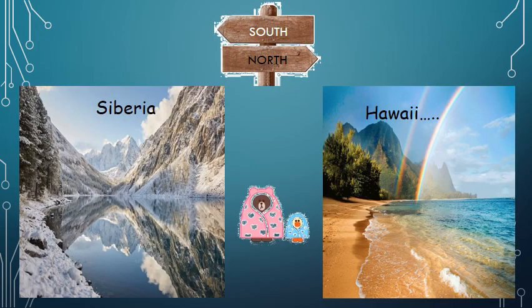So, before we answer the next question, apa kata kita tengok dahulu analogi ini. Bayangkan sekarang yang berada di selatan adalah Siberia dan yang berada di utara adalah Hawaii. Okay. Siberia duduk di bahagian selatan, manakala Hawaii di bahagian utara. Siberia kita tahu condition dia sangat-sangat sejuk, manakala Hawaii is a paradise. Okay.